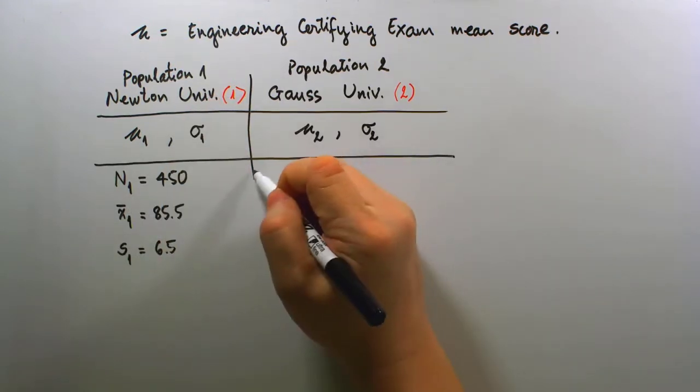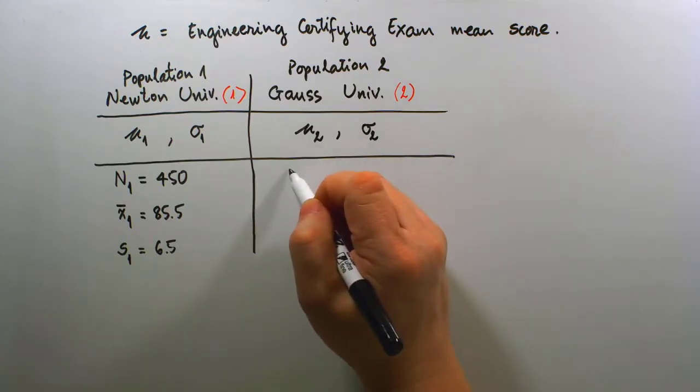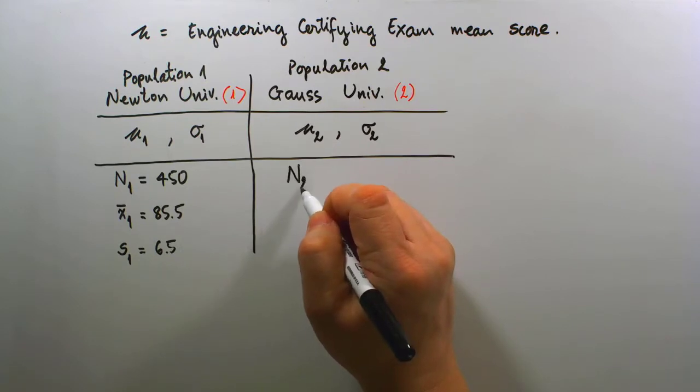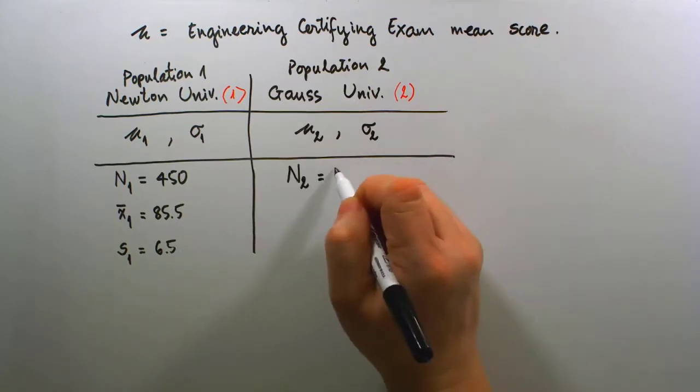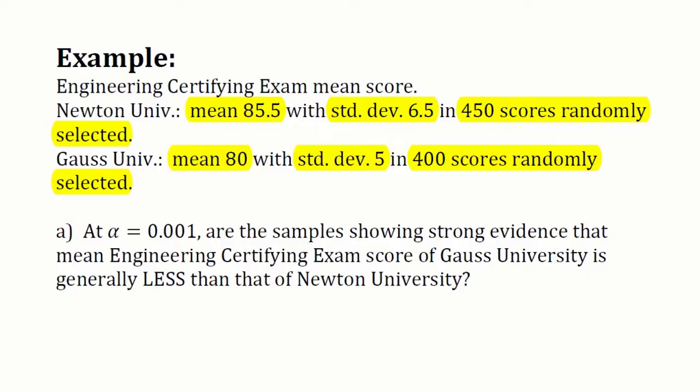And so now if we're looking over to population 2, the sample size that we used on each sample from population 2 is 400, according to what's written in the wording description. And so now in 400 scores randomly selected from Gauss University, which is now population 2.